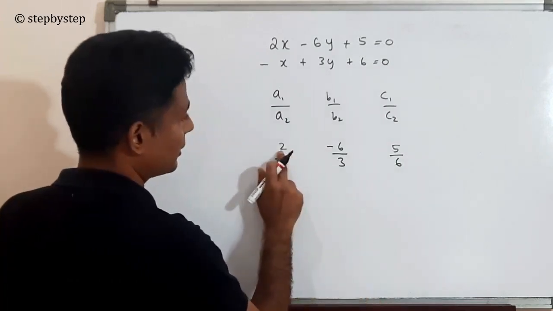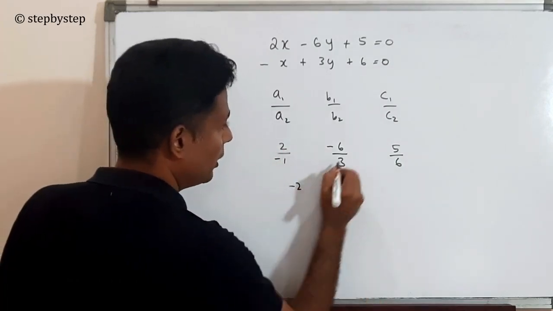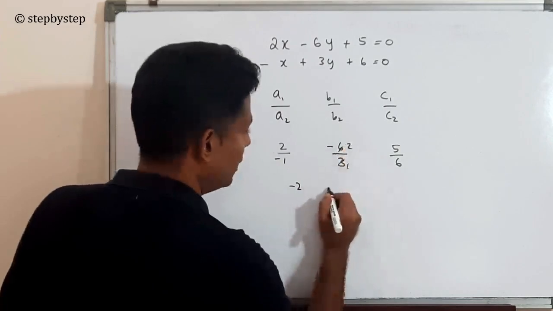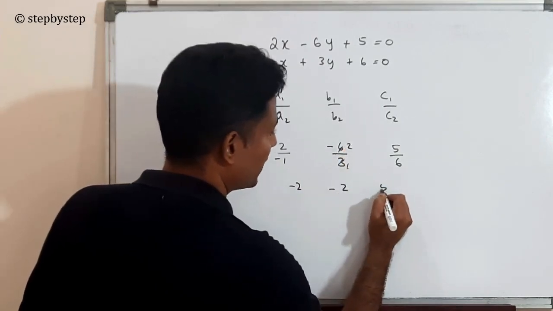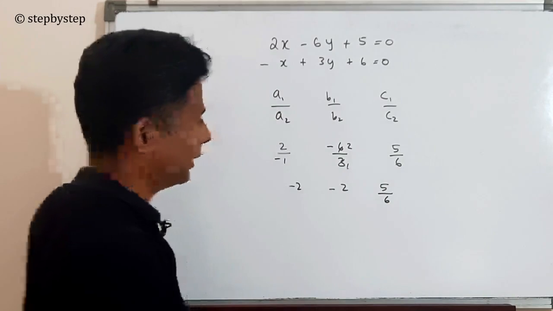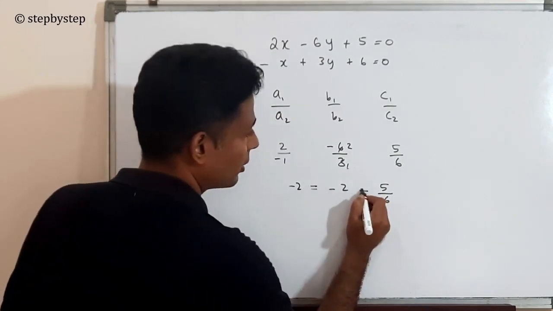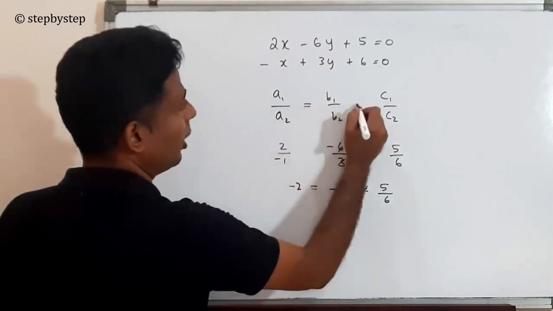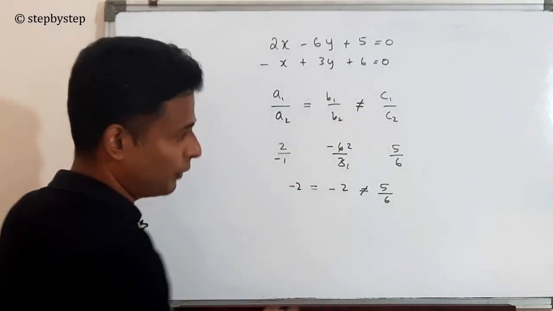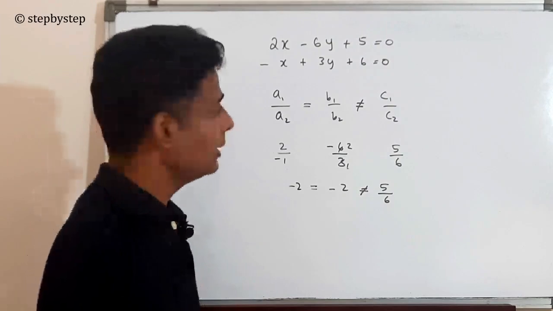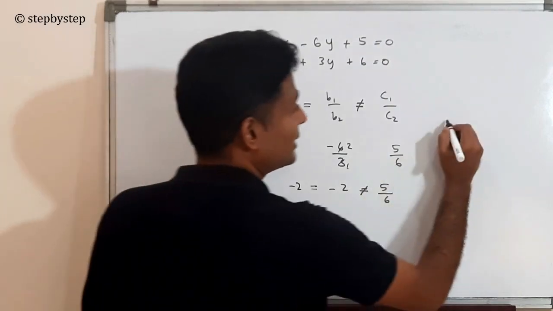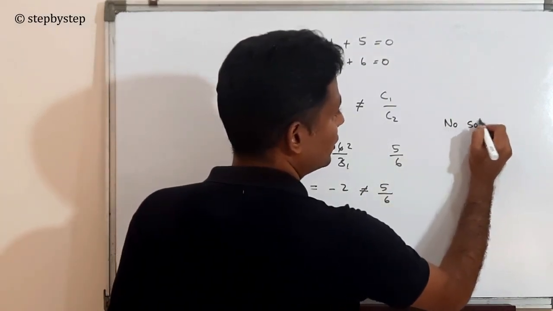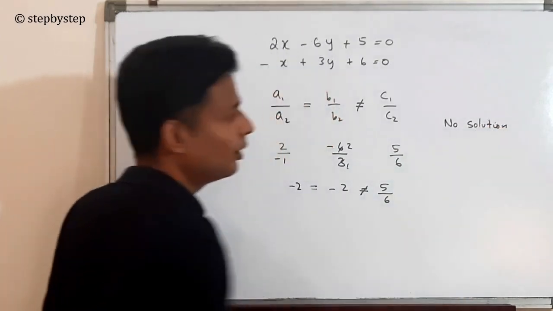So this becomes minus 2, and this also becomes minus 2, and this becomes 5 by 6. So what do we get? This equal to this, not equal to this, which means what is the condition? We have got a1 by a2 equal to b1 by b2 but not equal to c1 by c2, which means this has no solution, because this is the condition for no solution.